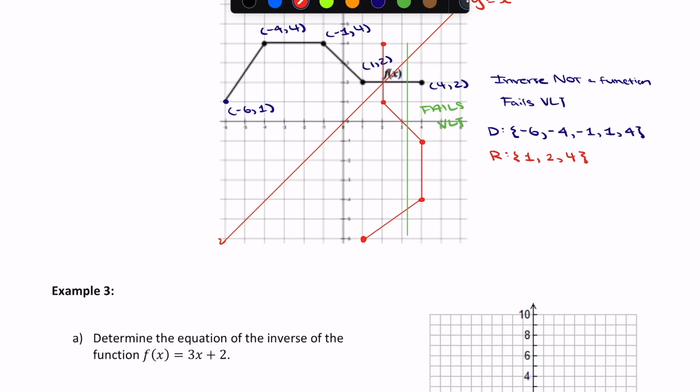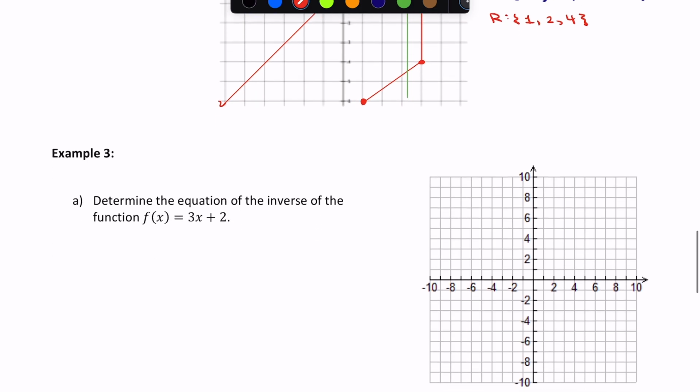Okay, so example 3, it says determine the equation of the inverse for the function f of x is equal to 3x plus 2. So here, if our original function is y is equal to 3x plus 2, if we reverse it, now it'll be x is equal to 3y plus 2, and we want to solve for y.